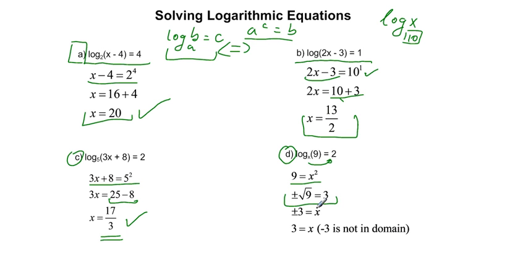So x is equal to positive or negative 3. But we know that the base of any logarithm has to be a positive number. So this is why negative 3 is not part of the solution. So the only answer here is 3, although algebraically we see that there are two possibilities, the second option is not allowed.